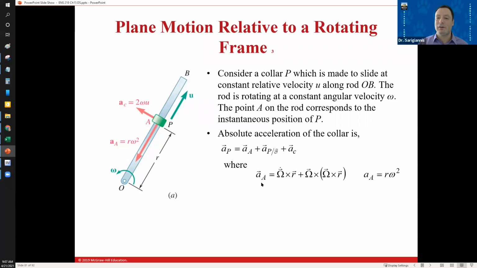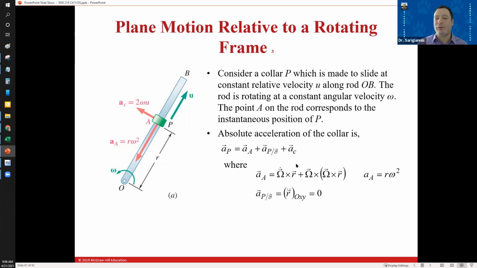A of A is omega dot cross R plus omega cross omega cross R. Now, with constant angular velocity, the omega dot term is 0, and we're left with R times omega squared. That's where the acceleration of A comes from. I forgot this diagram just pops up with the answers in it, so we have to just sort of go through.